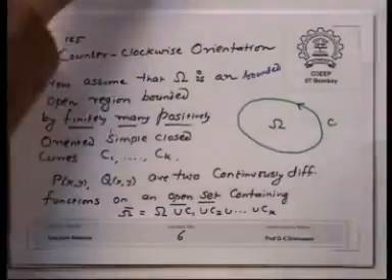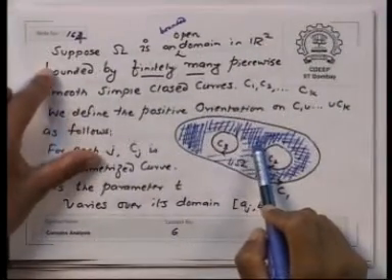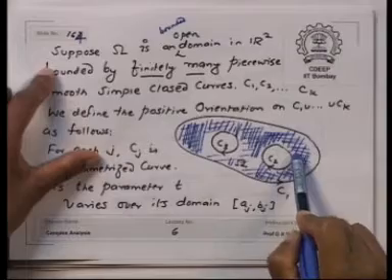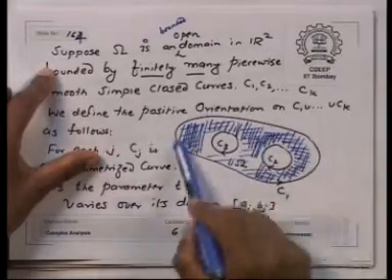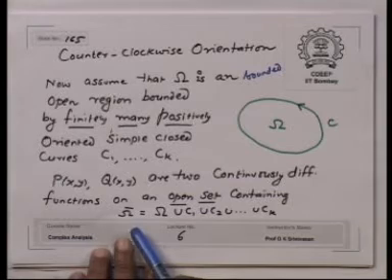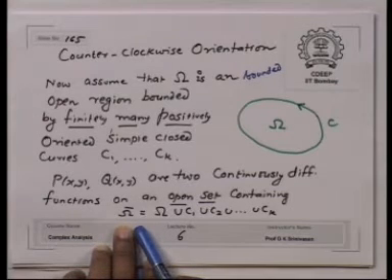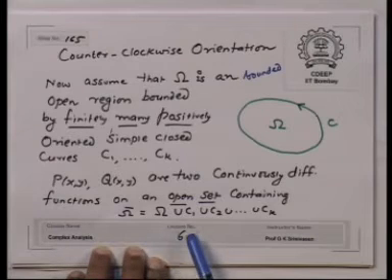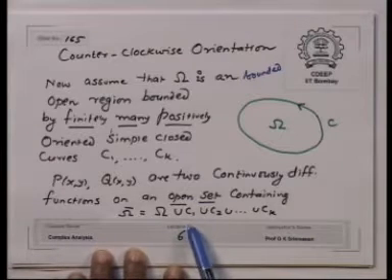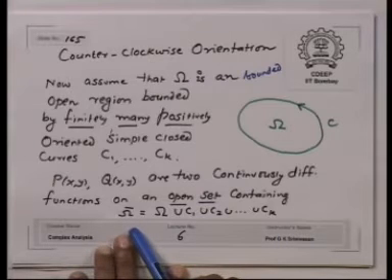In the previous picture, this is your omega, the blue lake, and you take the union of this lake along with those boundaries. I am going to call it omega bar. Omega bar is omega union C1 union C2 union C3 union Ck. That is the closed region together with its boundary.